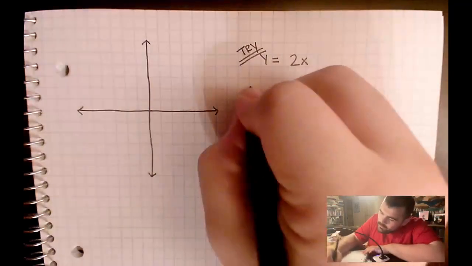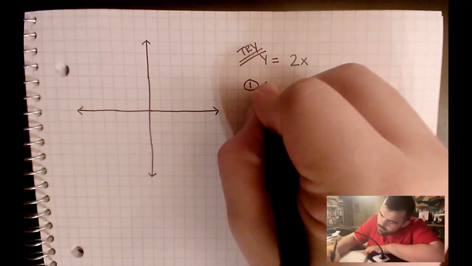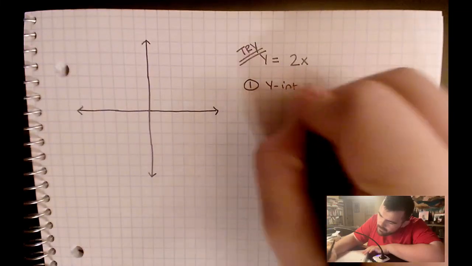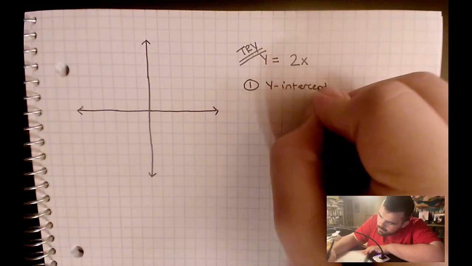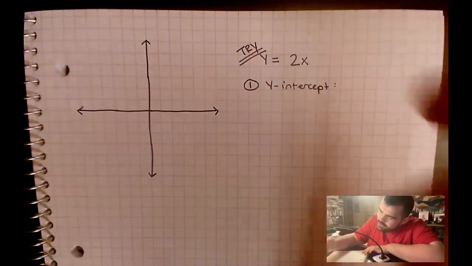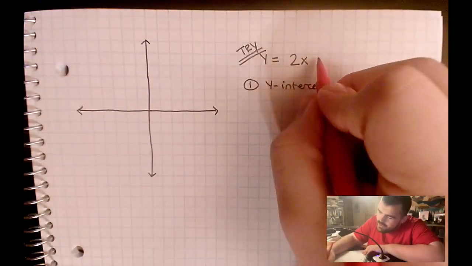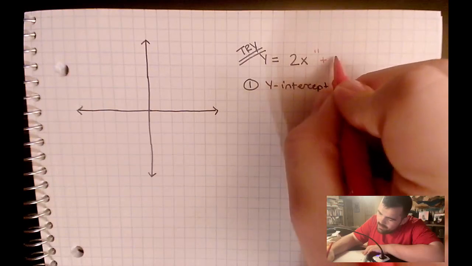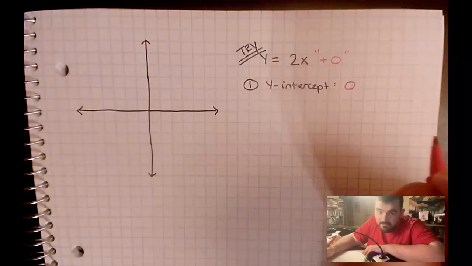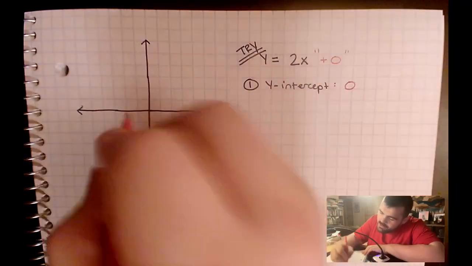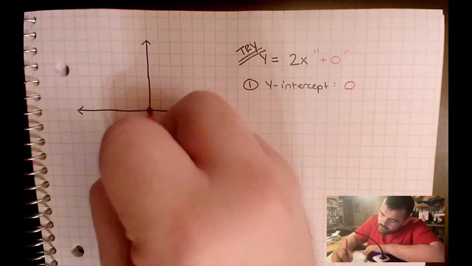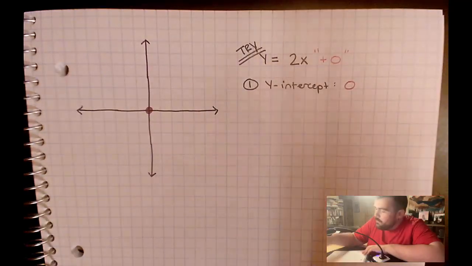Okay, so first off, that missing y-intercept. That y-intercept is 0. If there's no number back here, it's technically plus 0 or minus 0, same difference. But that means our y-intercept is 0, also known as the origin.